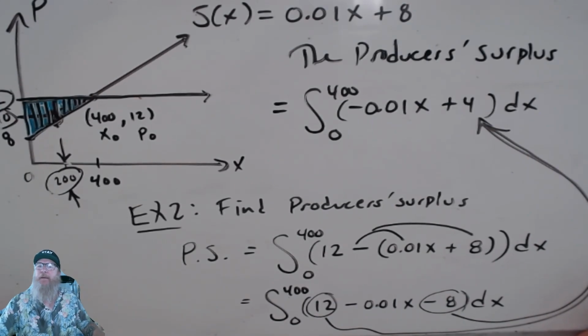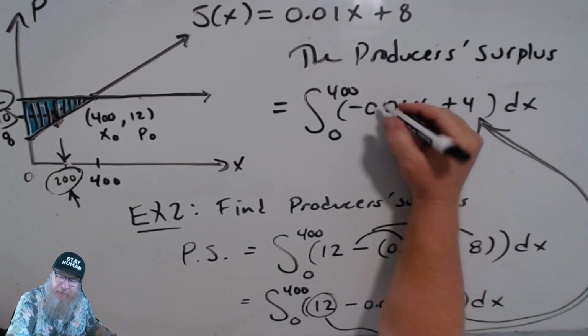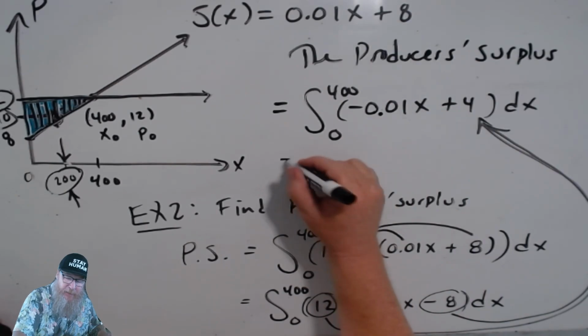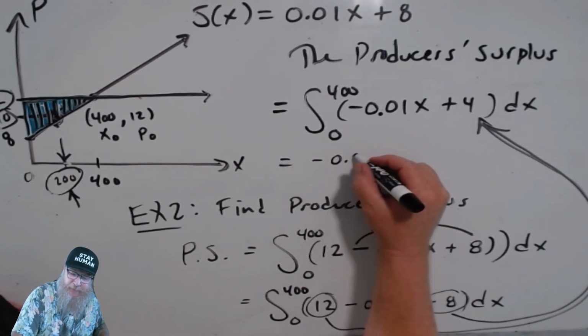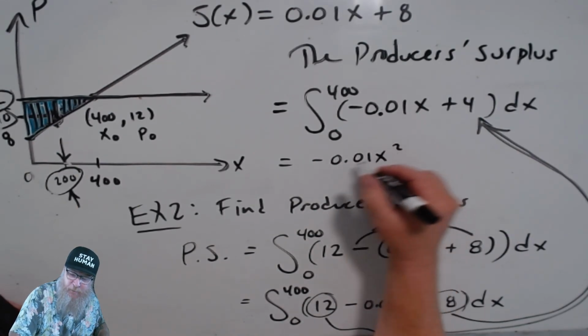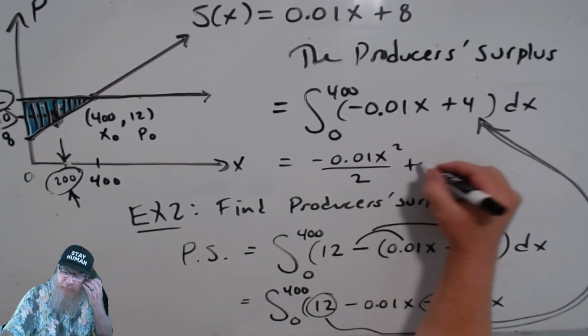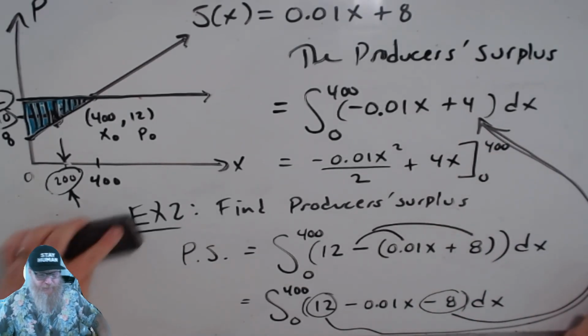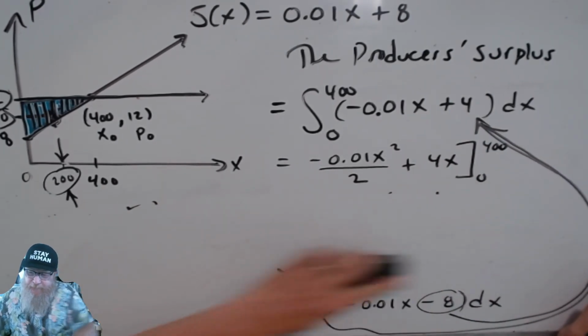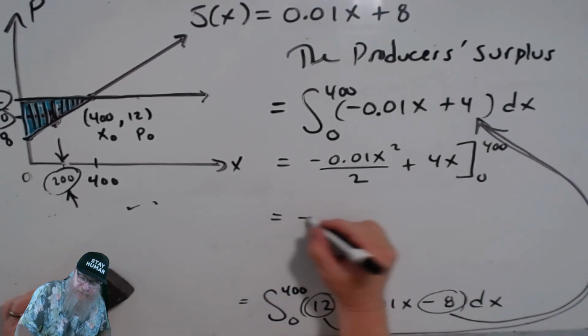So a lot of it is in the setup. Set it up correctly, and then solving it should be pretty easy. So that's going to be the antiderivative, negative 0.01 x squared over 2 plus 4x evaluated between 0 and 400. You might as well just ignore the 0.